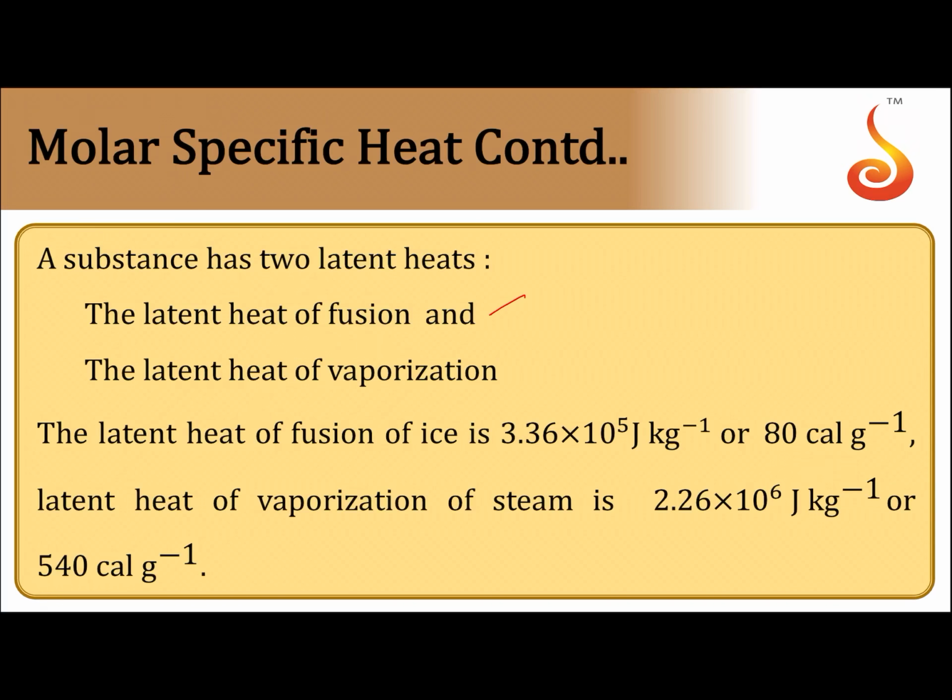One is latent heat of fusion, that is during melting, and the other is latent heat of vaporization, which comes into play during vaporization or boiling. For water, that is ice, latent heat of fusion is 3.36 into 10 power 5 joule per kg or 80 calorie per gram. Whereas latent heat of vaporization of steam is 2.26 into 10 to the power 6 joule per kg or 540 calorie per gram.